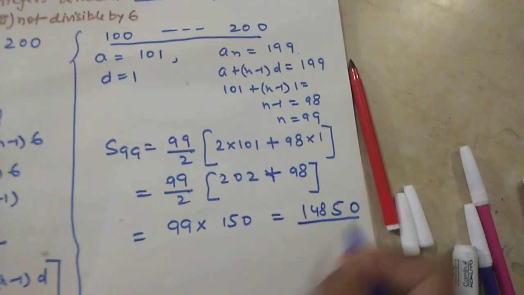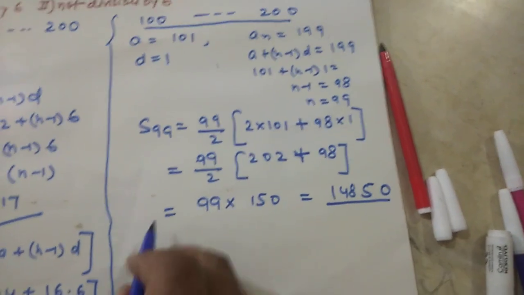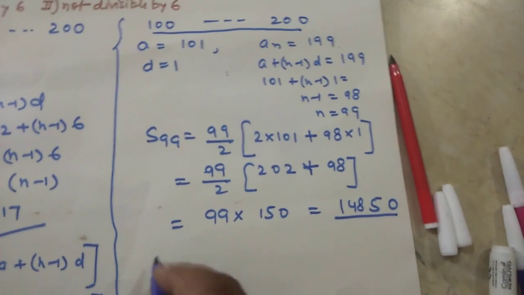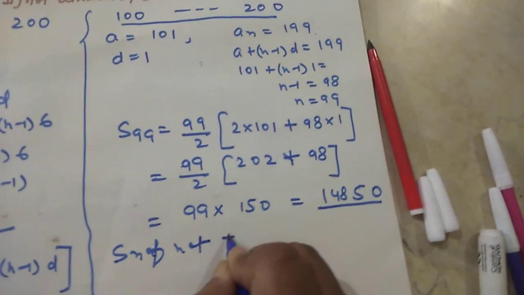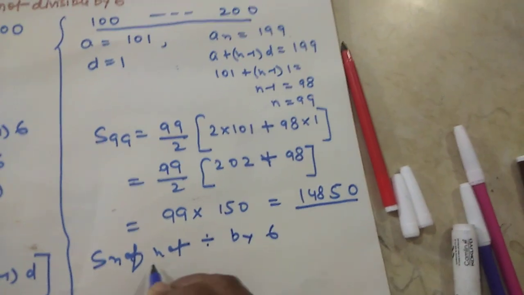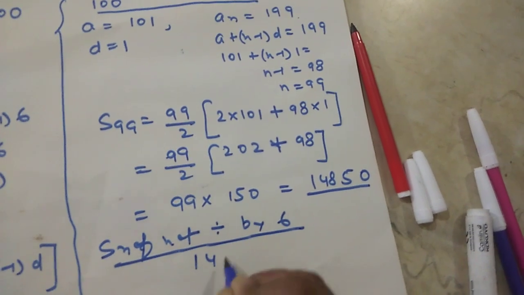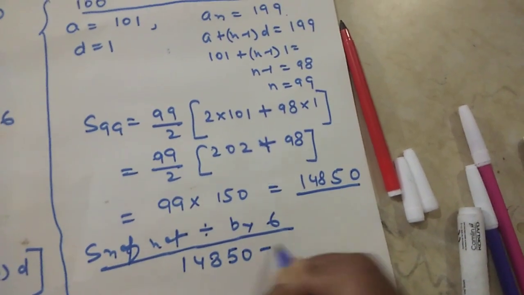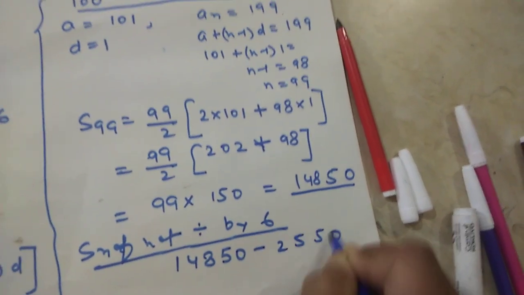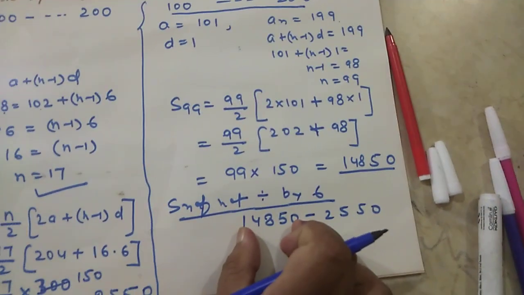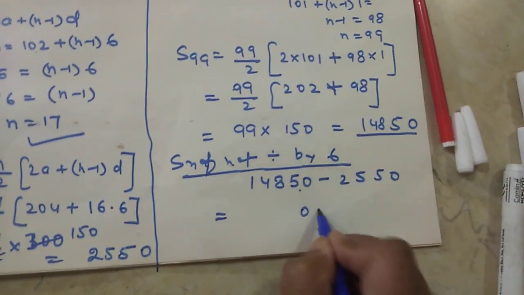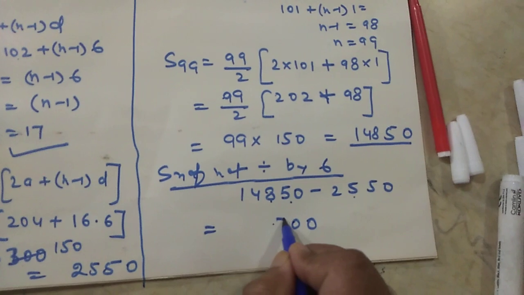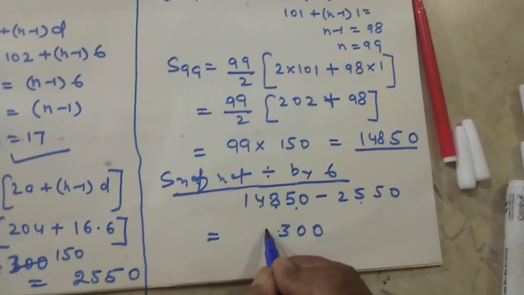This is the sum of 101 to 199. So the sum of numbers not divisible by 6 is 14850 minus 2550, the total sum minus the sum divisible by 6, which is 12300.